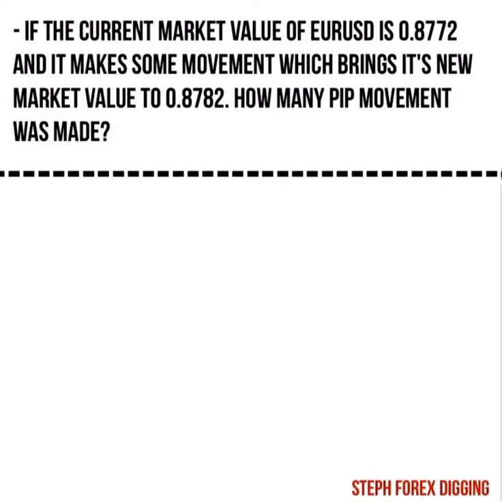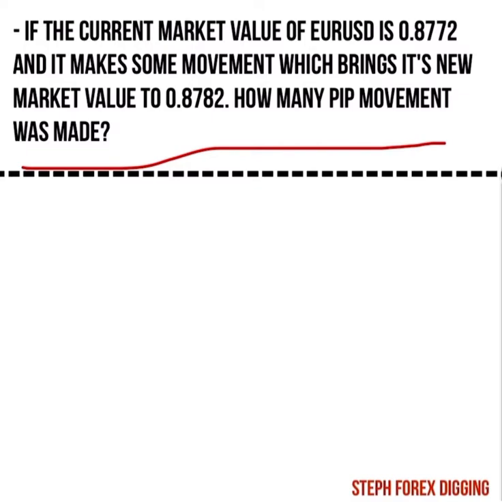So we're going to be taking another example, which is this one you're seeing right here. They said if the current market value of the euro to dollar is 0.8772, and it makes some movement which brings its new market value to 0.8782, how many pip movement was made?